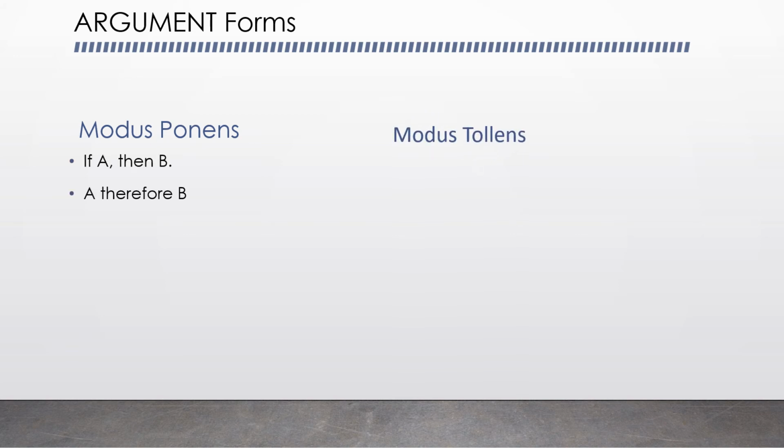Modus ponens is if A, then B; A, therefore B. It's a very simple, short, easy sort of argument that, again, you might have multiple claims built into it. What the modus ponens means is that you're affirming the antecedent. Now, earlier I used terms like subject and object because it's familiar to you.